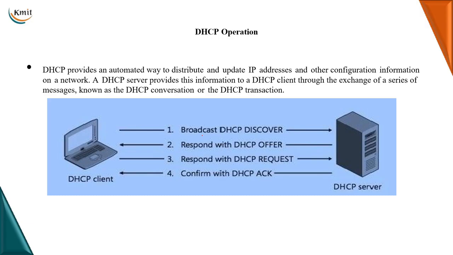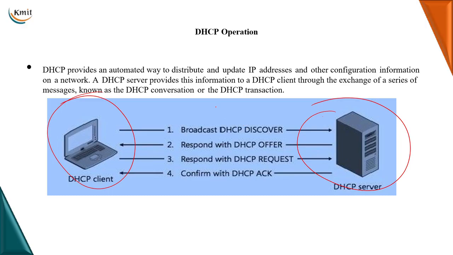DHCP provides an automated way to distribute and update the IP addresses and other configuration information, where I have a DHCP discover packet, DHCP offer packet, DHCP request and DHCP acknowledge. I have a DHCP client and a DHCP server which is allotting me the IP addresses from a pool of IP addresses.